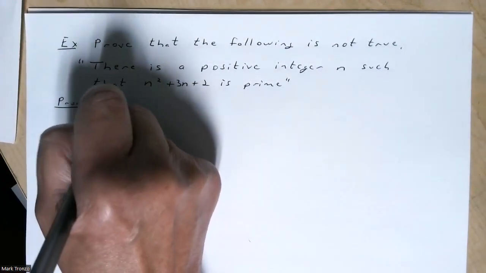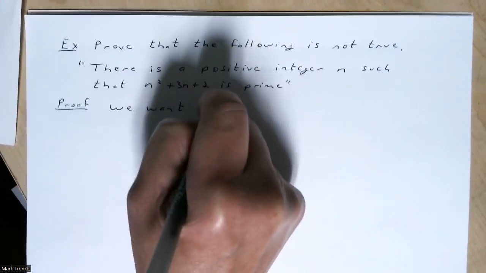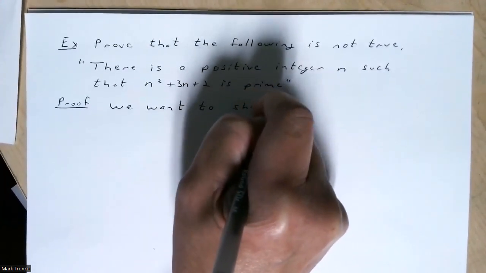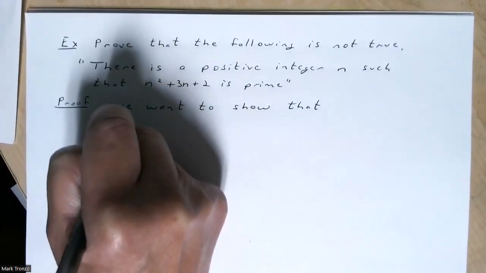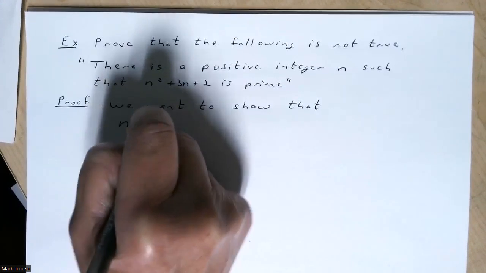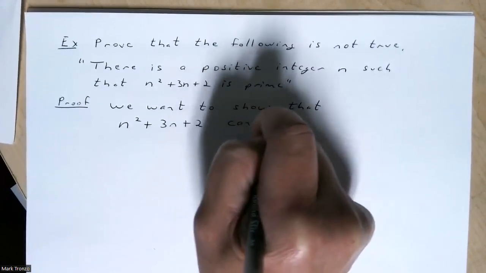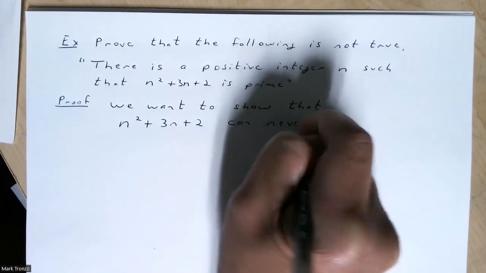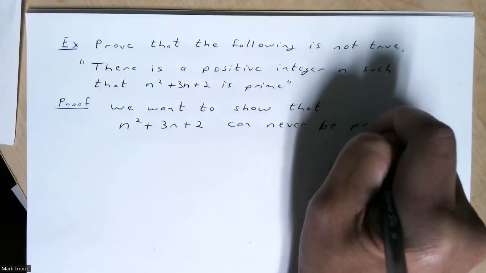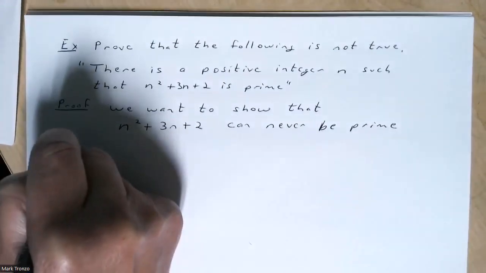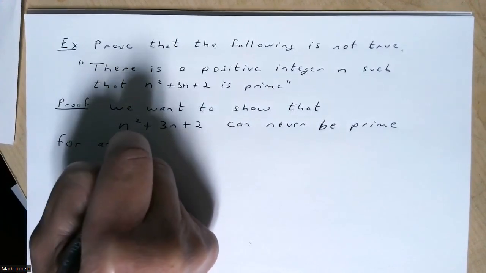So we want to show that this can never be prime for any n.